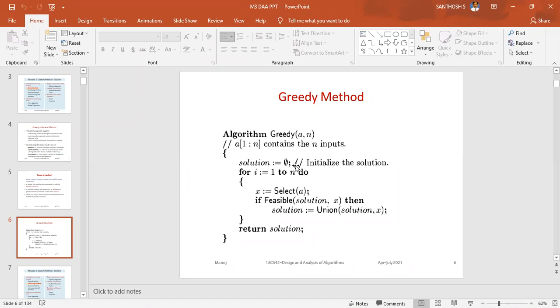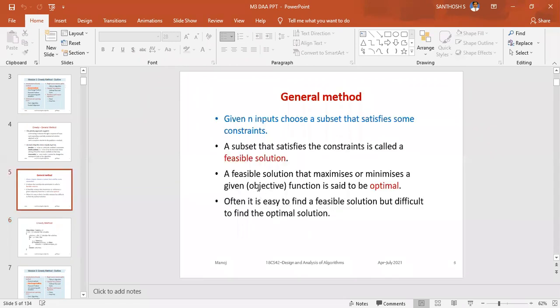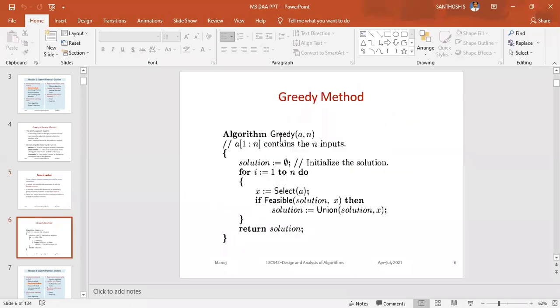Initially, the solution is equal to null. Initialize the solution. Then you have to go through each and every element. Array A starts at 1 and ends at n. So for i equal to 1 to n, do x. What is x? A subset. The first step is, from the n inputs, choose the subset that satisfies the constraint.